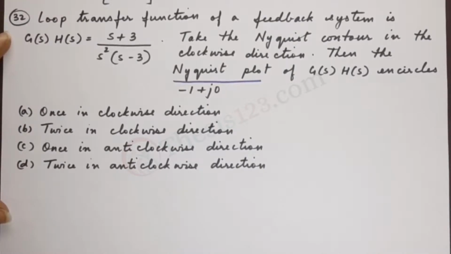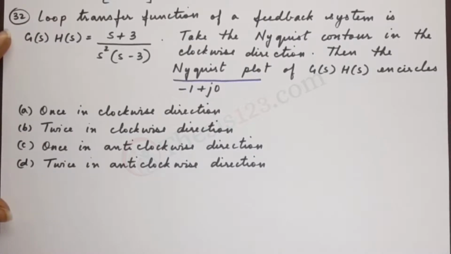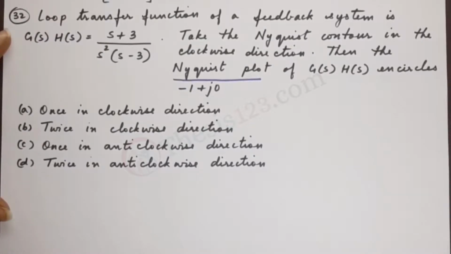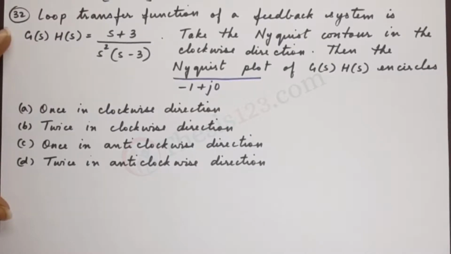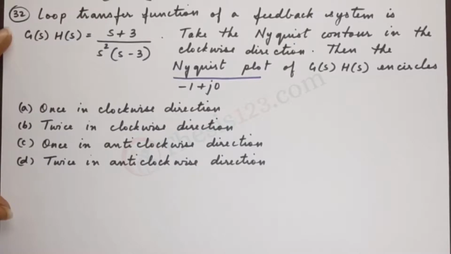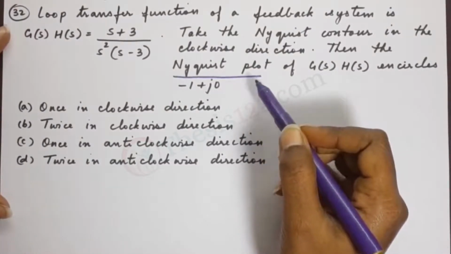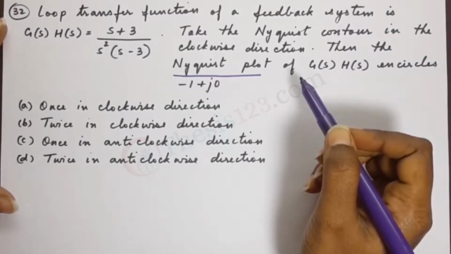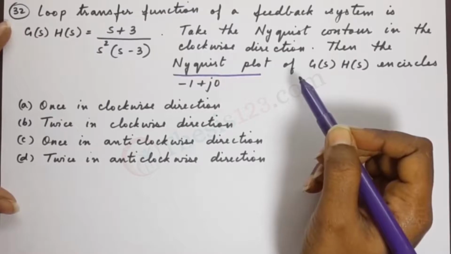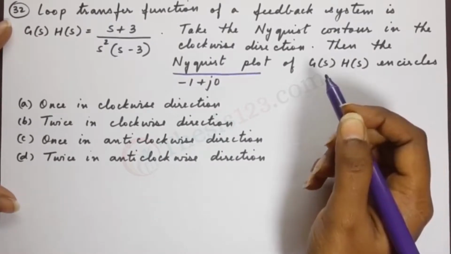The Nyquist plot is another frequency response plot of a transfer function, and the basics are actually the same as the Bode plot. Both are frequency response plots of transfer functions. The Nyquist plot can be plotted only for the open loop transfer function, while the Bode plot can be used for both open loop as well as closed loop.